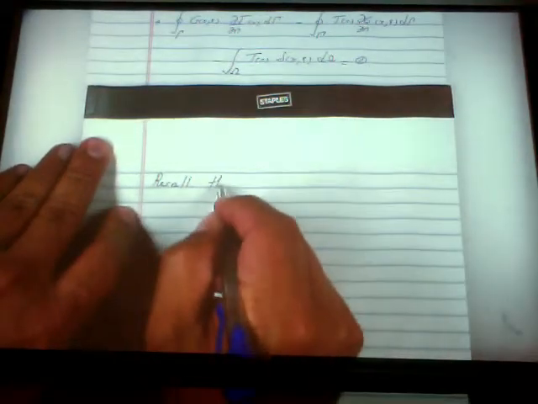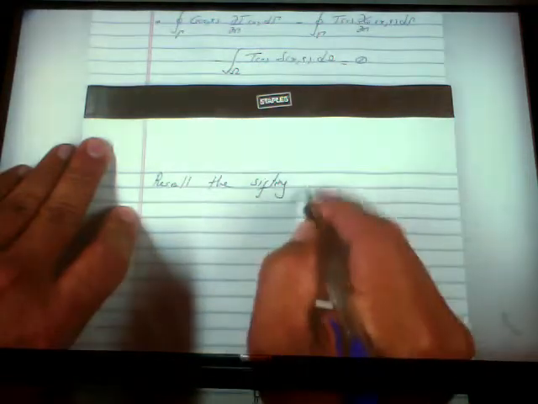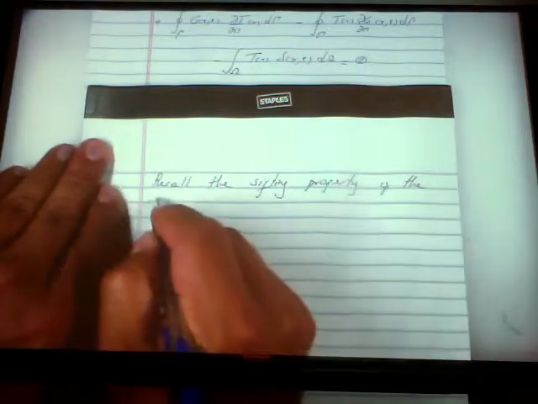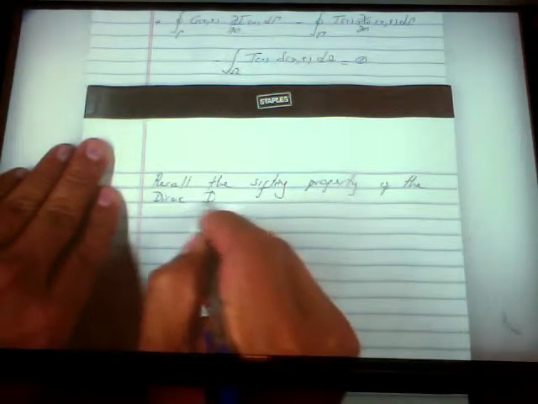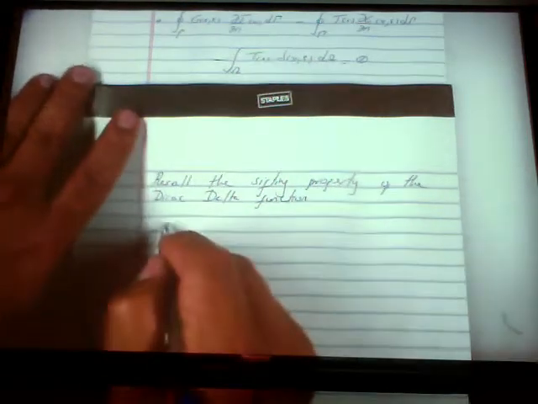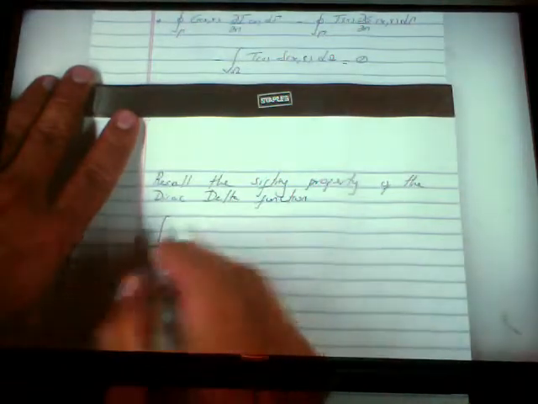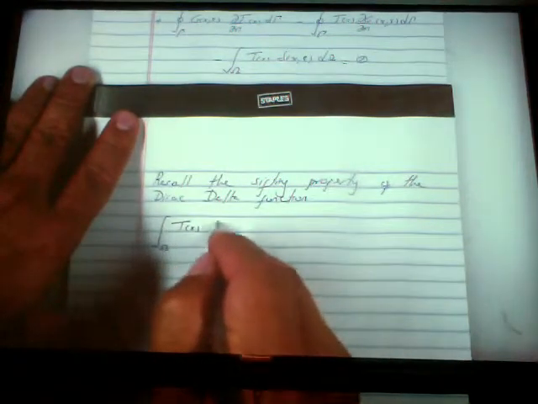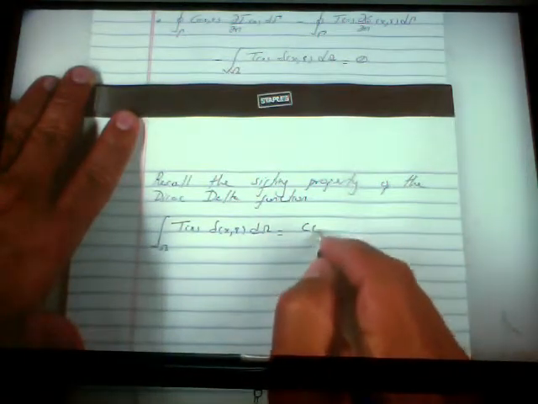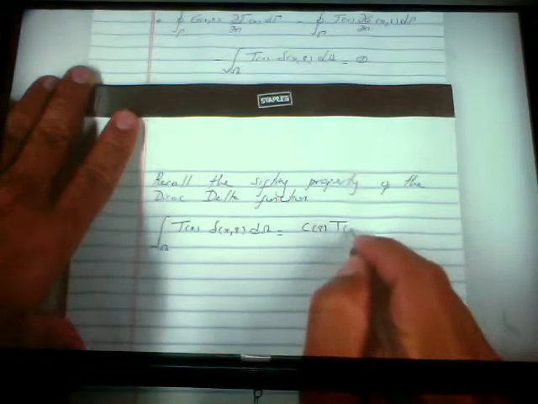Let's rewrite that, recast that. We call the sifting property of the Dirac delta function: the integral over a domain of t of x times delta of x and xi, d omega, is equal to c times t.